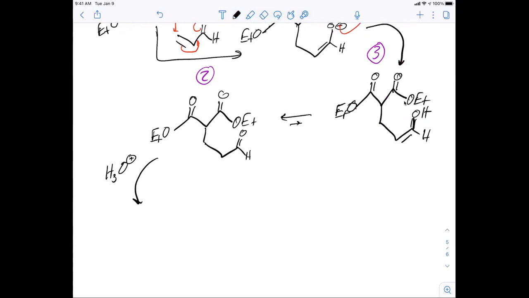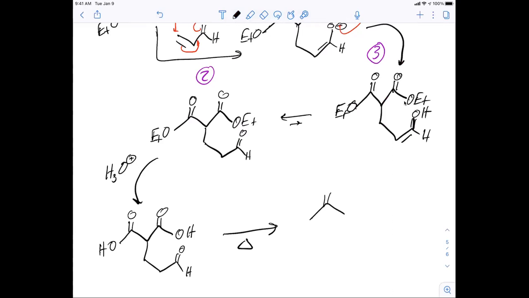Well, now I'm going to hydrolyze my esters. And then what happens with heat? The decarboxylation.